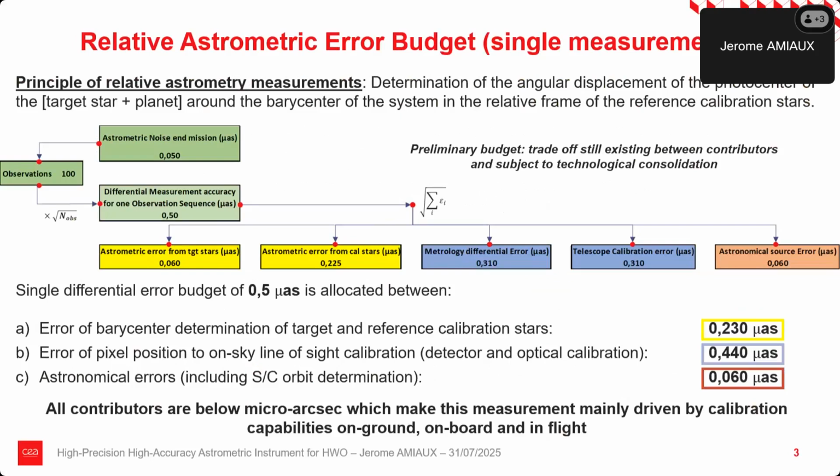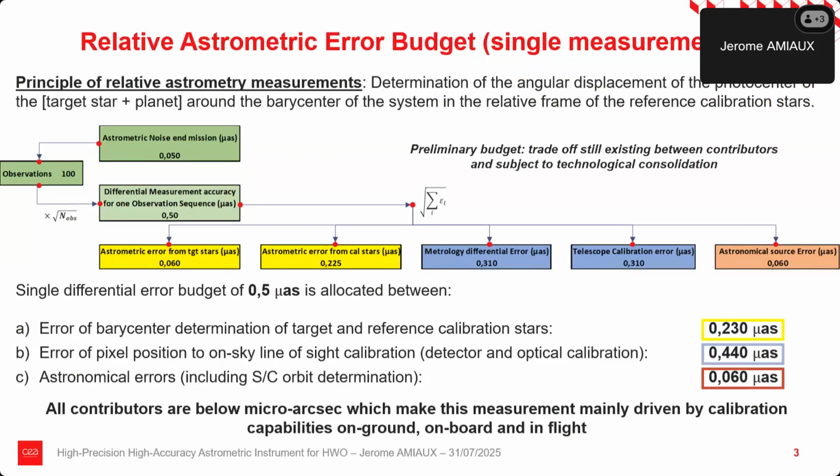So we have broken down the single error allocation of 0.5 microarcsecond between 2 major blocks. So the first one, the yellow block, is the accuracy of detecting the photocenter of the stars, both the target and the calibration stars. That's approximately 1/3 of the full budget.